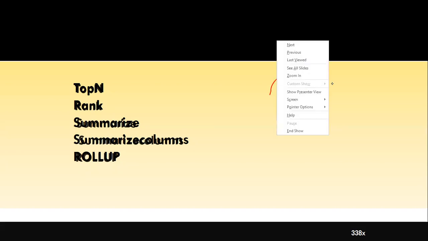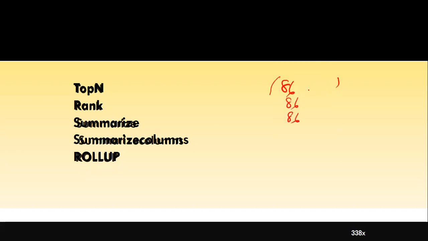Say, for example, your score is 86, my score is 86, and another guy's score is 86. What happens with the rank function? It gives 1 for all these three guys. Obviously, these three scored the same value, hence they fall in rank 1. Let's say I have another guy whose score is 75.